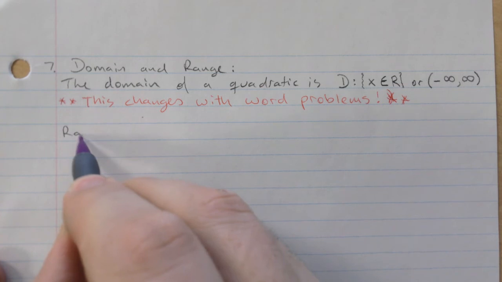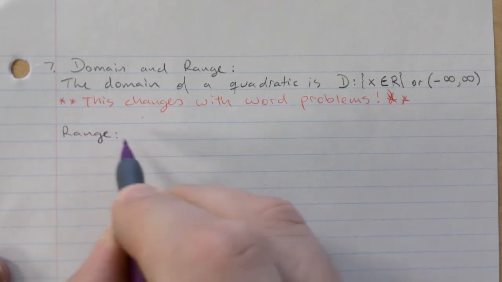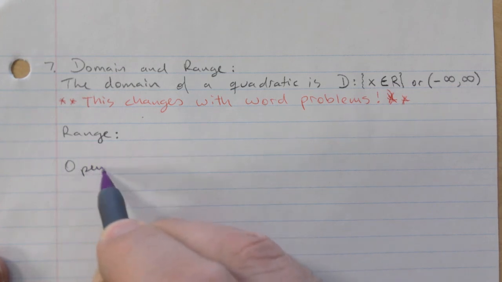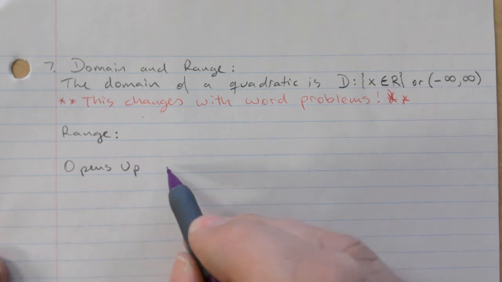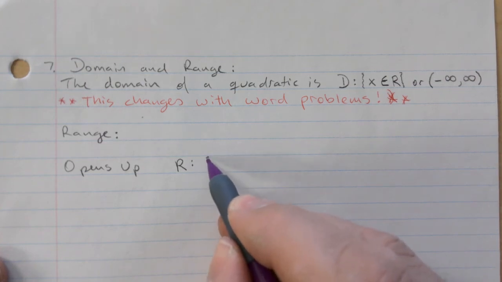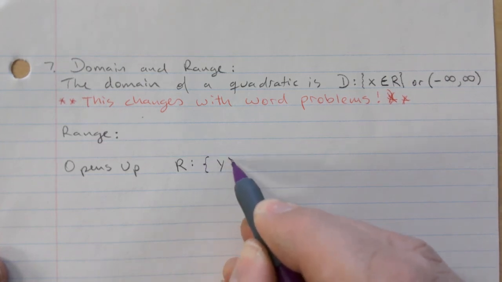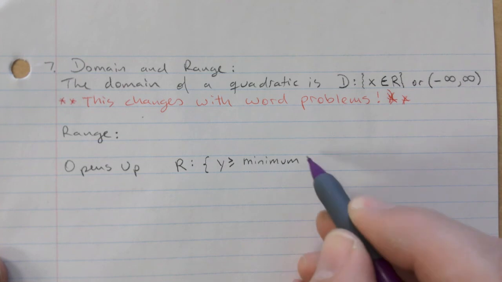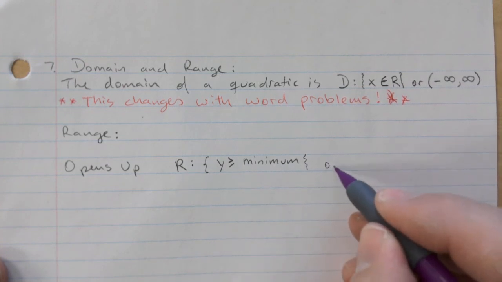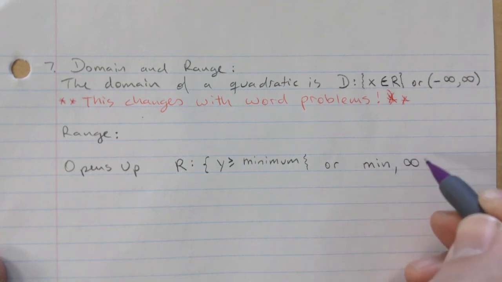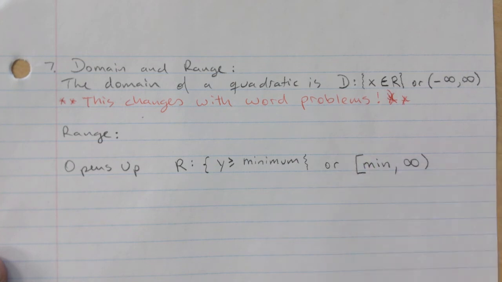A range. If it opens up, right, your range will be different. So it'll be either y is greater than or equal to the minimum, or min to infinity. Opens down.